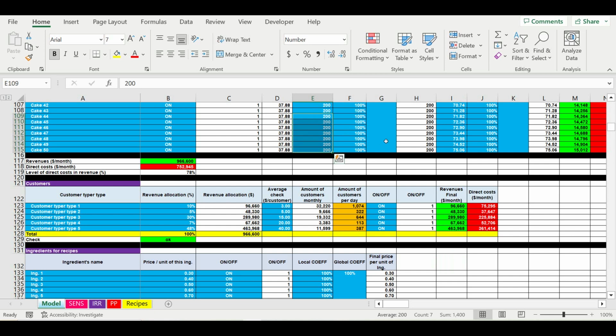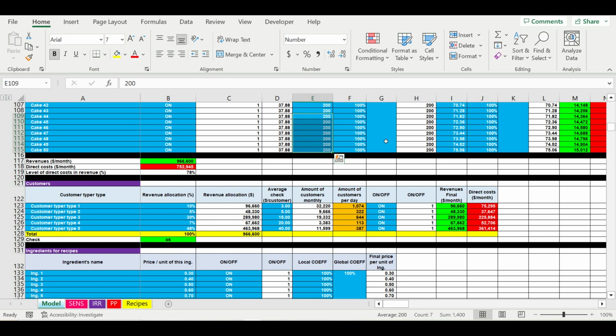You can quickly create different combinations of scenarios. You can increase the revenues and decrease expenses, or increase expenses and decrease revenues. You can increase the revenue for specific items, decrease specific expenses, and look at what will happen very quickly.